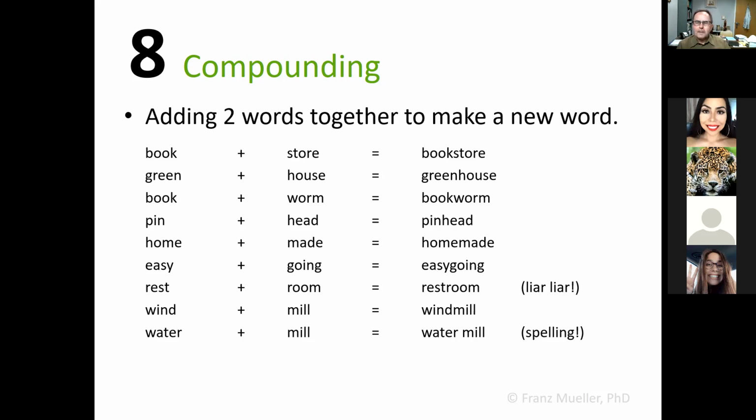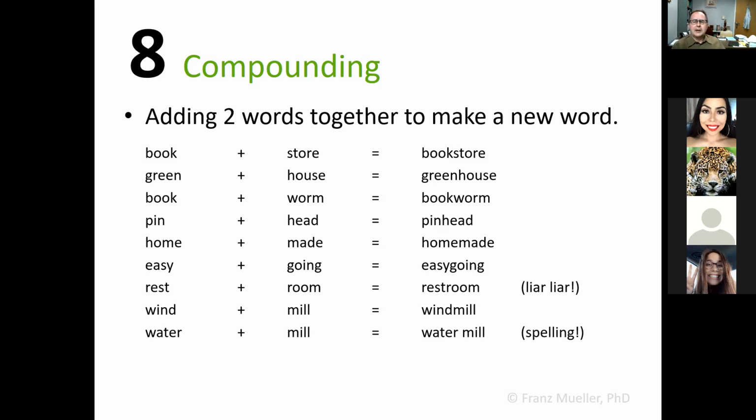Notice the spelling though. We write windmill together without any space to separate the original two words. Windmill, we spell it as one word, but watermill, in our spelling, we like to keep that separately. And that's sort of surprising.